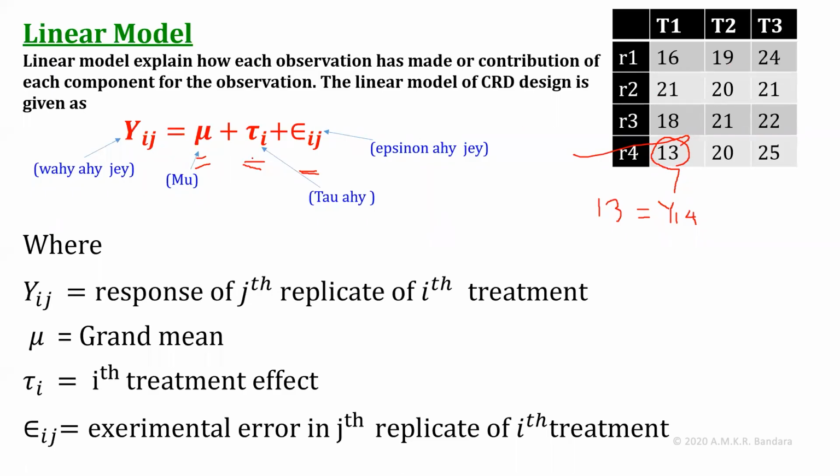So there is no variability coming from this source, the population mean. But here there is a difference in the treatment. So for the total variability, there is a contribution from the treatment part.